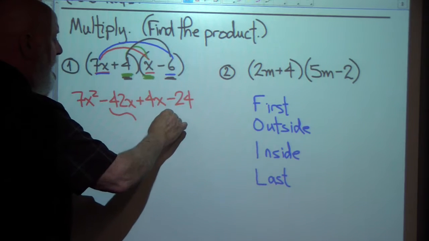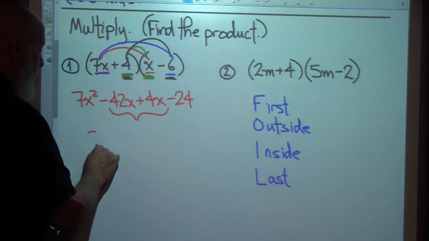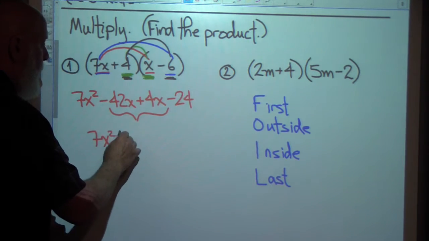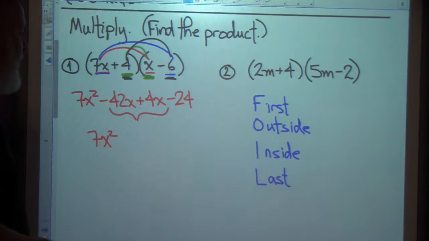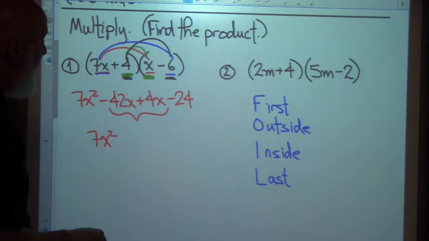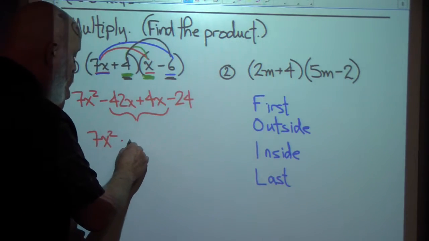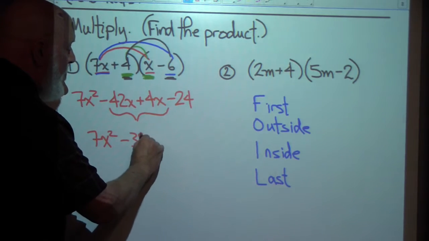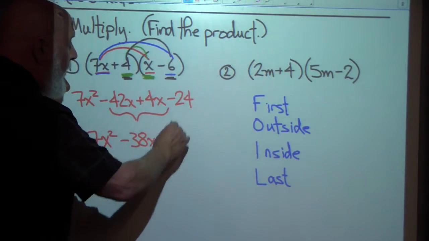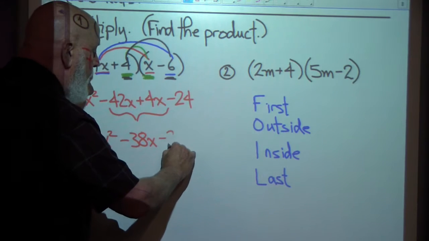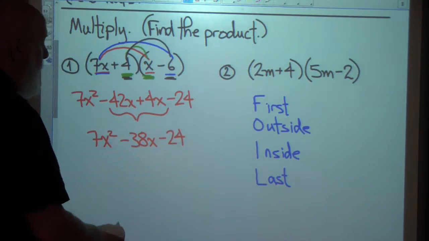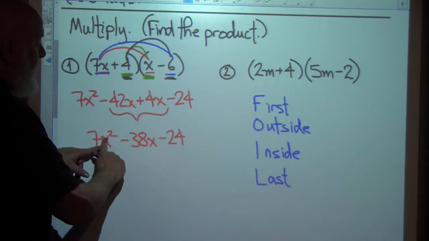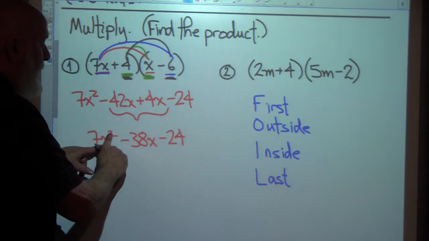there are right here. 7x squared. These are different signs, so I'm going to subtract. That will be negative 38x, if I do my arithmetic correctly. I hope I did. And 24 won't combine with anything. Remember, to combine like terms, you have to combine terms that have the exact same variable and the exact same exponent.